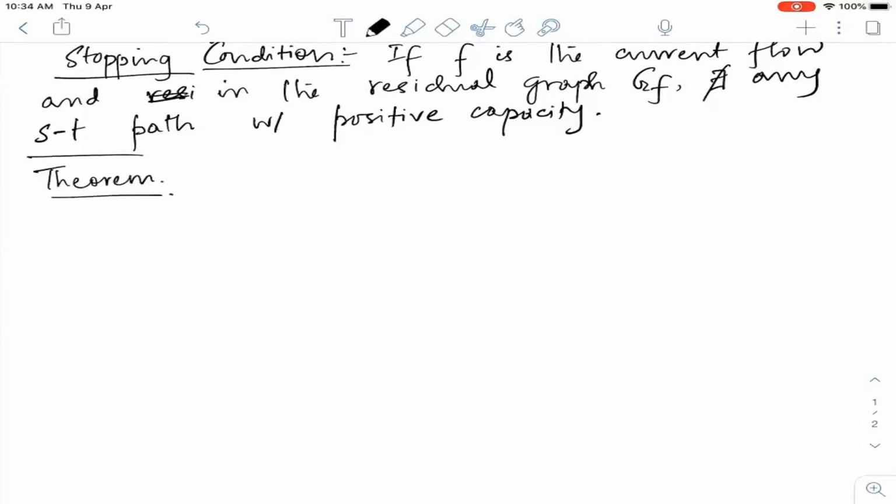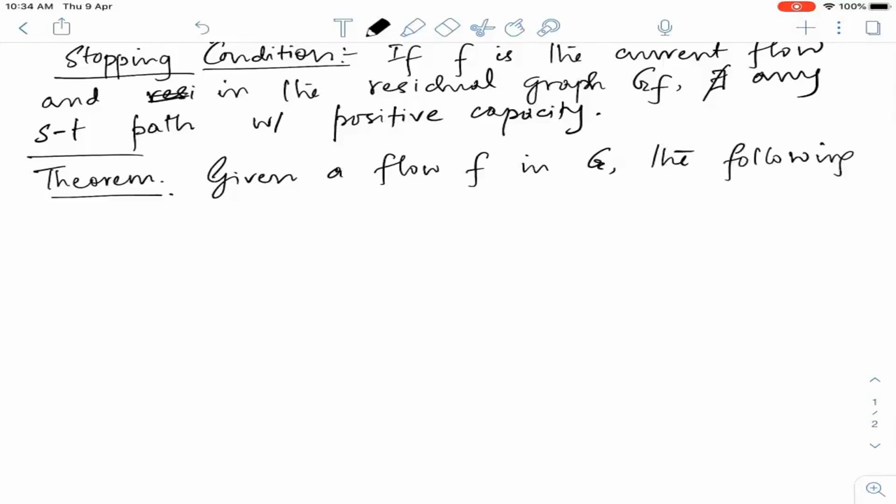Given a flow F in G, the following statements are equivalent. I will write three statements. What I'm saying here is that if I'm given a flow in my network, then all three statements that I'm going to write are equivalent.